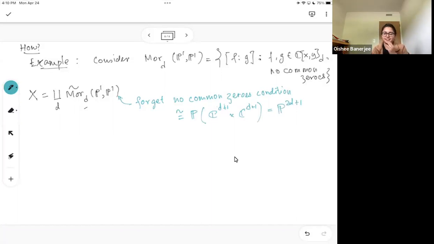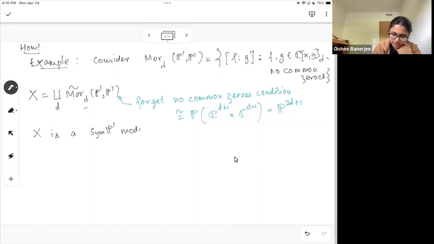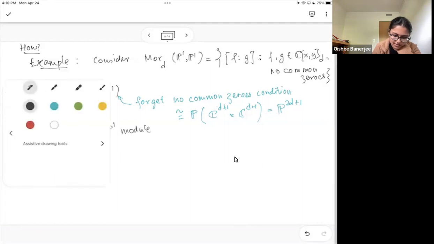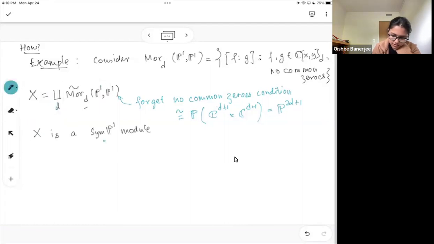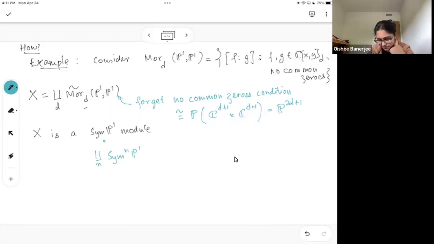Is everyone with me? Okay. And there are natural maps. So X is a Sym P1 module, where Sym P1 is the disjoint union of n-th symmetric products of P1 over all n, right?